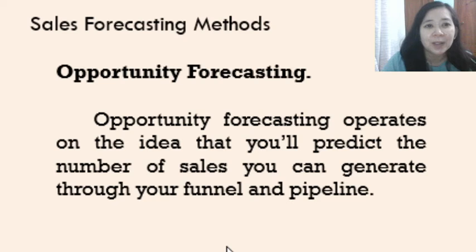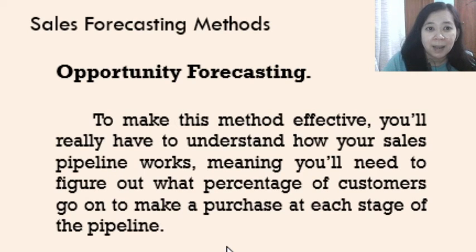Okay, so the third forecasting method is opportunity forecasting. So here, opportunity forecasting operates on the idea that you'll predict the number of sales you can generate through your funnel or pipeline. Okay, so how to make this forecasting?